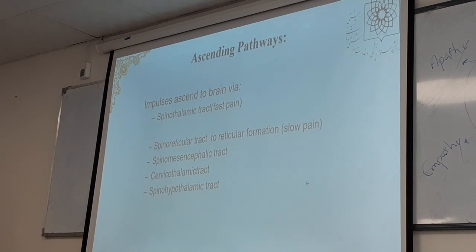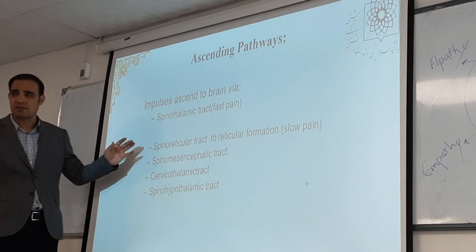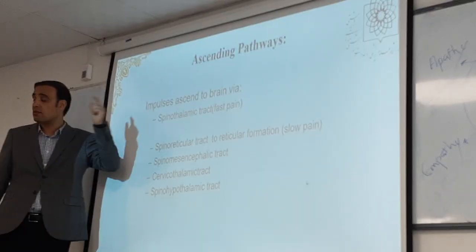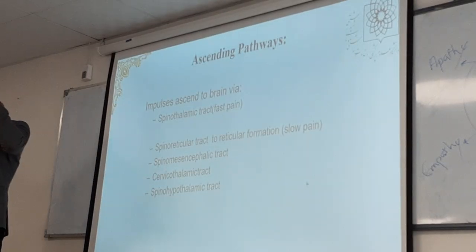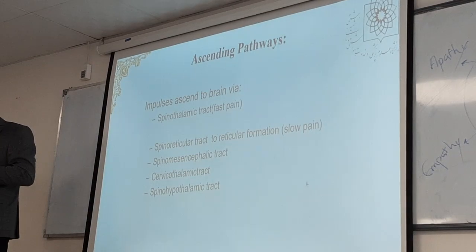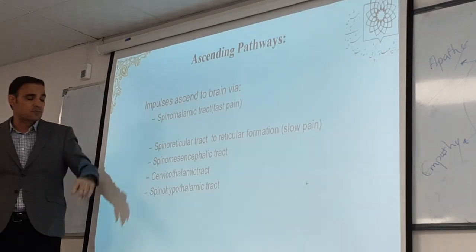You are more susceptible emotionally. Sometimes you cry, sometimes you are stressed. This is because of the limbic system that is activated. Another pathway is the cervicothalamic pathway, the main pathway that sends the pain from the upper part of the neck and head to the brain, and it is the same as the spinothalamic.